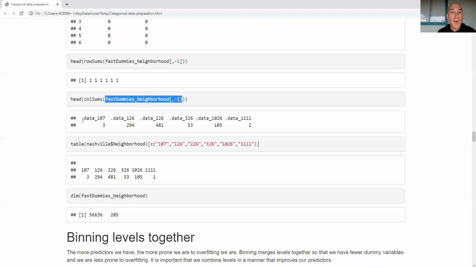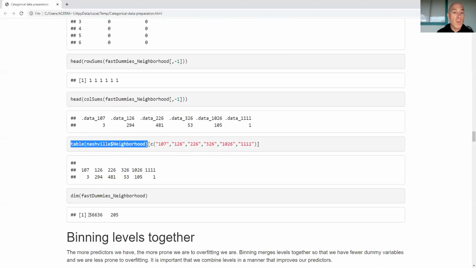This is equivalent to seeing how many times a neighborhood appears in that column. Just to show you, if I run table on the original Nashville neighborhood column, I would get a long table, and I grabbed only the columns that correspond here, and we get exactly the same number. So the information from the table is preserved by using fast dummies, as long as I don't drop any columns.